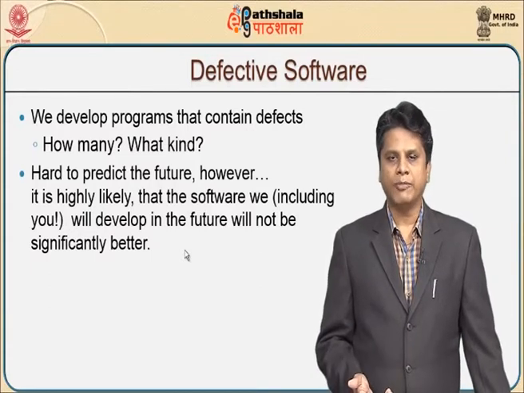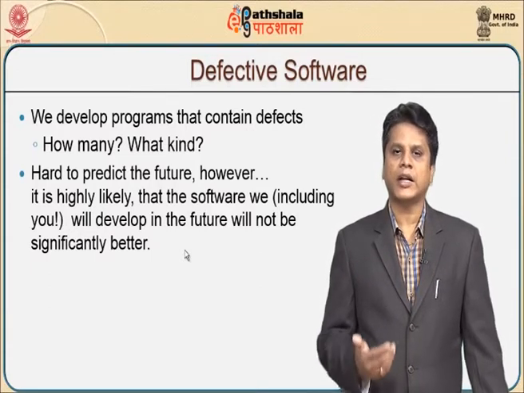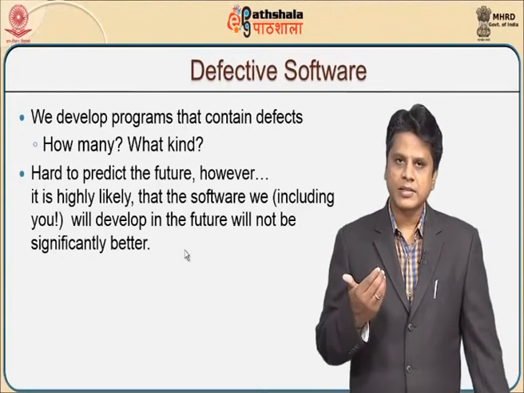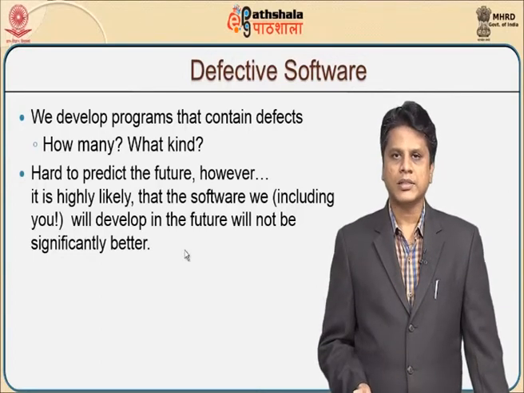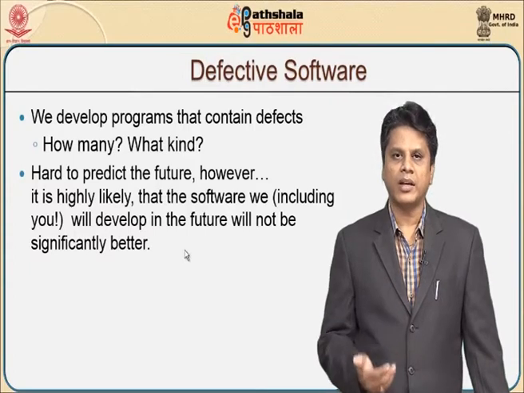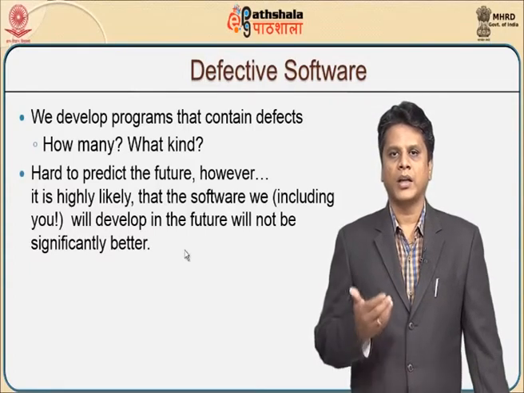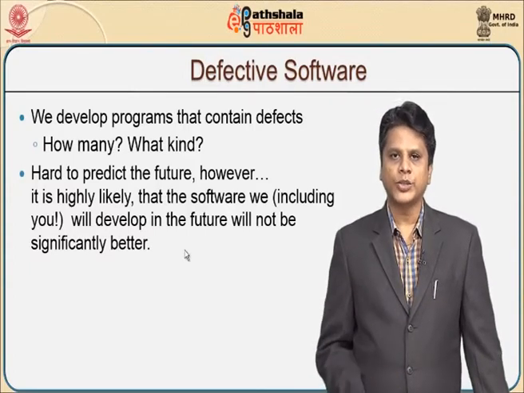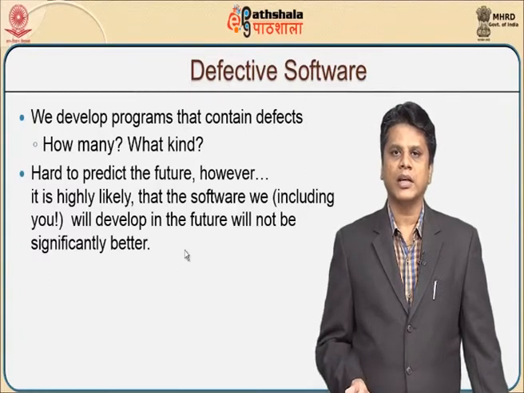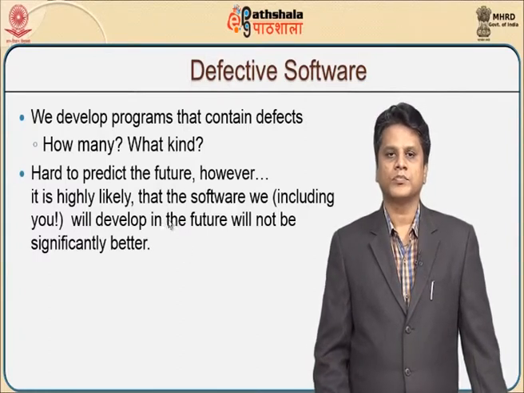At no point in time can we say a product is 100% defect free. It will certainly have some bugs associated with it, which can later be rectified, but as a developer we can assure the stakeholders that this product is 99.99% defect free rather than saying 100% defect free.